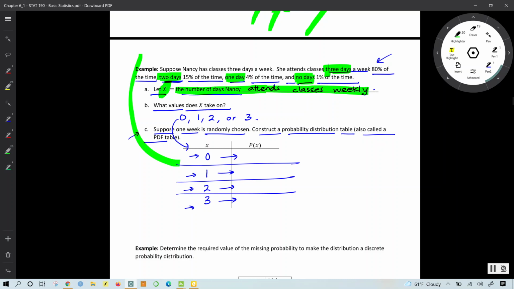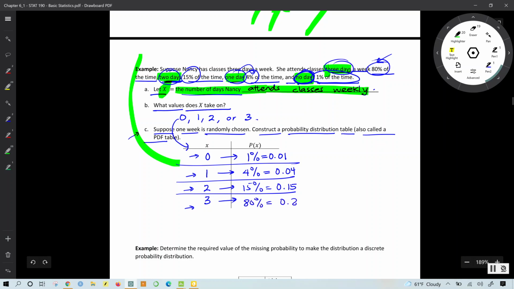To do that, take note that she attends classes no days or 0 days 1% of the time. So this is 1%, 0.01. And then 1 day is 4% of the time. Okay, that is 0.04. 2 days, 15% of the time, same as 0.15. And 3 days, 80% of the time. So that is 0.80.